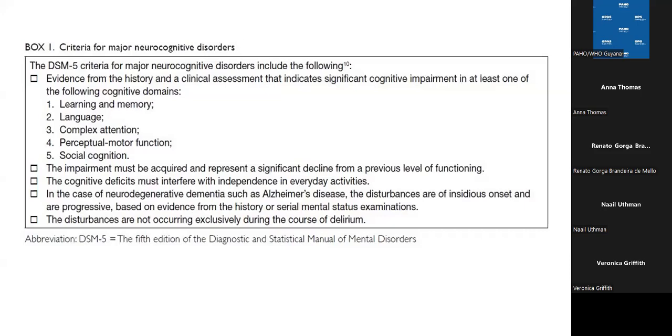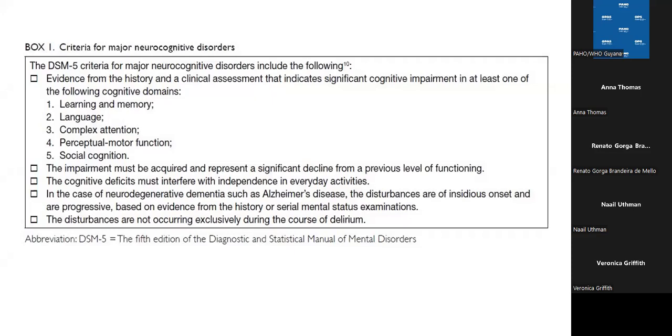The cognitive deficits must interfere with independence in everyday activities, must interfere with the ability to perform activities of daily living. In the case of neurodegenerative dementia, such as Alzheimer's, the disturbances are of insidious onset and are progressive, based on evidence from the history or serial mental status examinations.